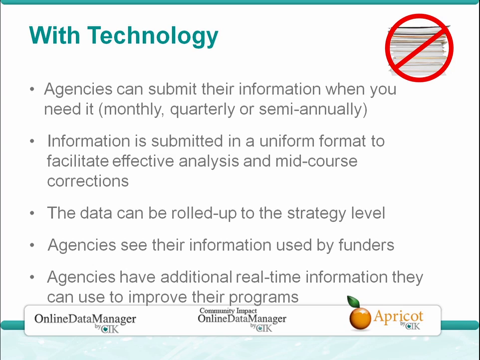And the information is submitted in a unified format to facilitate that effective analysis and bringing that together at the strategy level, because you can roll it up at the strategy level in a much easier way when you have technology. If you are just getting individual spreadsheets from agencies, it's very hard to roll that up, and it takes you a lot of time to do that.